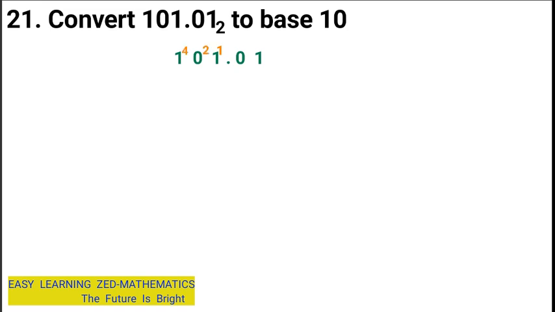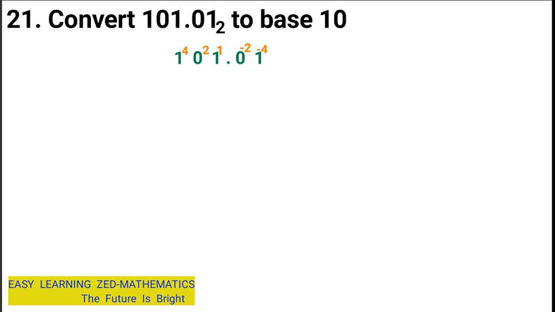Those are the place values of the digits on the left side of the decimal point. Now what is the place value of the 0 immediately after the decimal point on the right side? It is 2 to the power of -1, and the next digit, the 1 on the right side, is 2 to the power of -2.